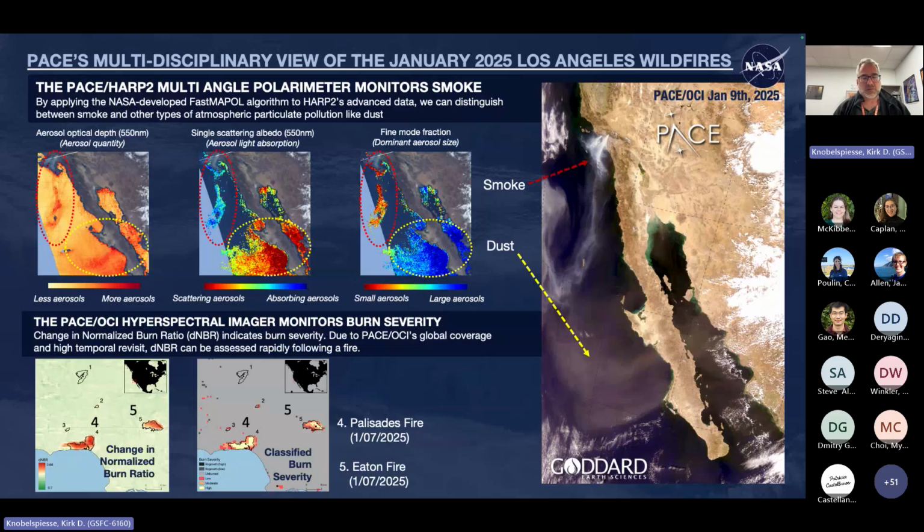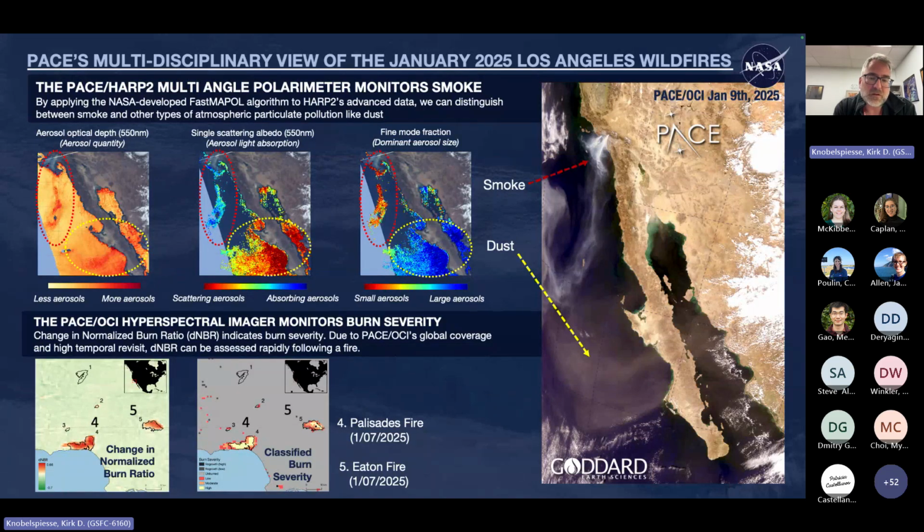I do want to point out that PACE being a multidisciplinary mission, there's a lot of opportunity for measurements from multiple domains and relating them together. So this is a nice slide that shows how we can relate atmospheric aerosol retrievals to land surface changes after fires.